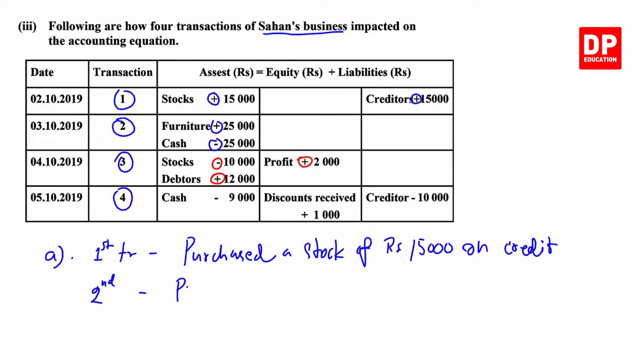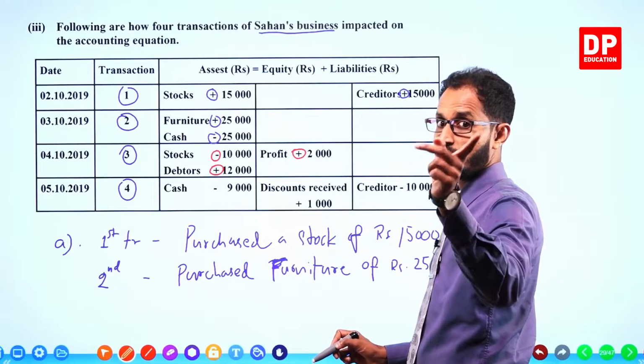Bought or purchased furniture of rupees 25,000. You have to write the values. Don't forget the values.